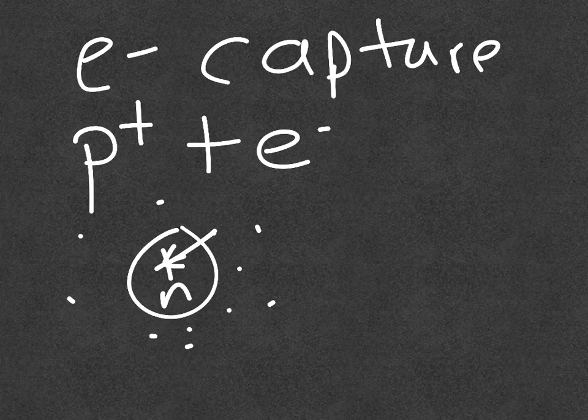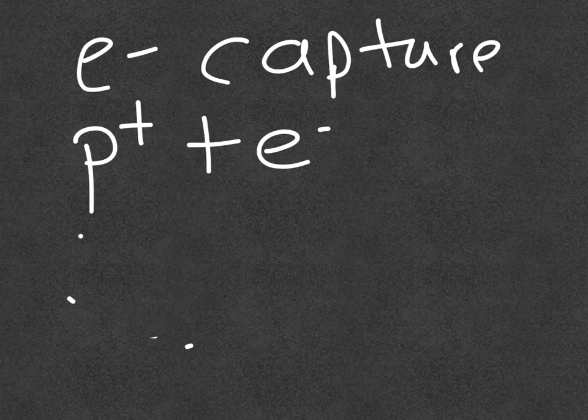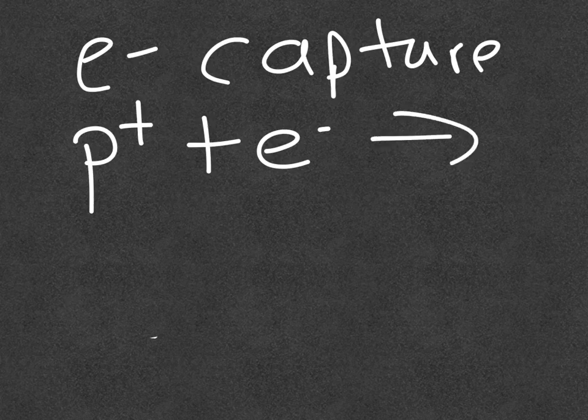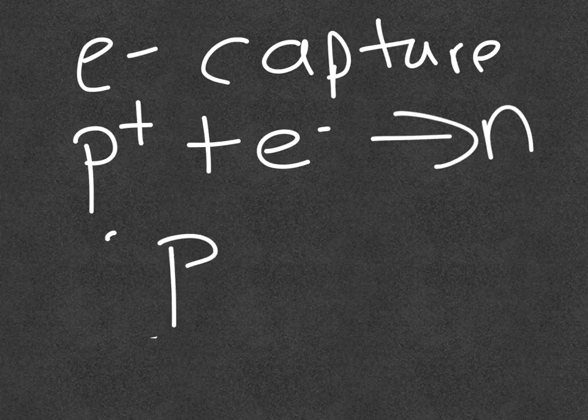A proton coming together with an electron is going to balance out and become a neutron. So in this case, we now get a neutron. The reactions for these, you can always tell it's electron capture because it's going to take place on what's called the reactant side.